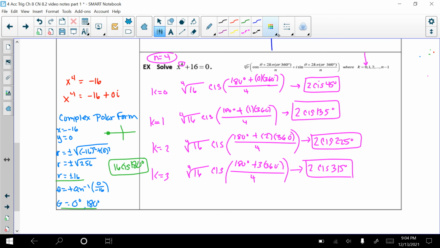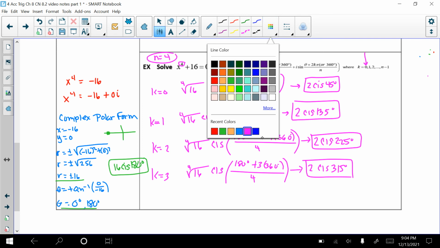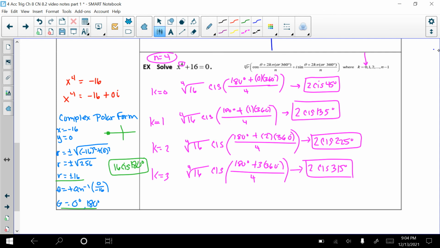All right. I'm going to go ahead and jot this down just so that you have it in your notes. If you needed the rectangular version of these, then the first one would convert back to radical 2 plus radical 2i. The second one would be negative radical 2 plus radical 2i.